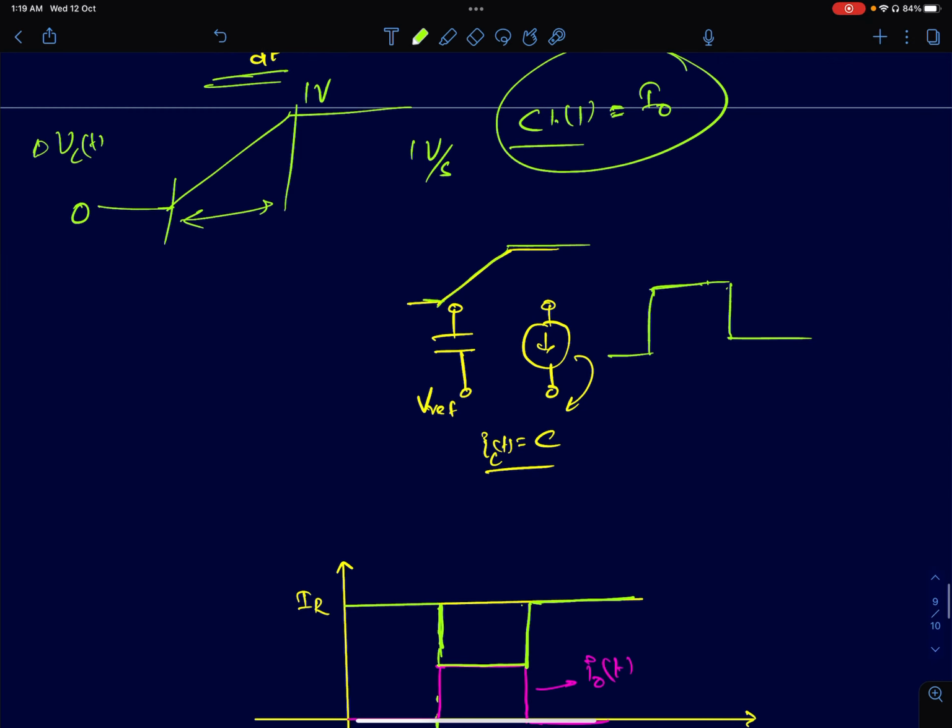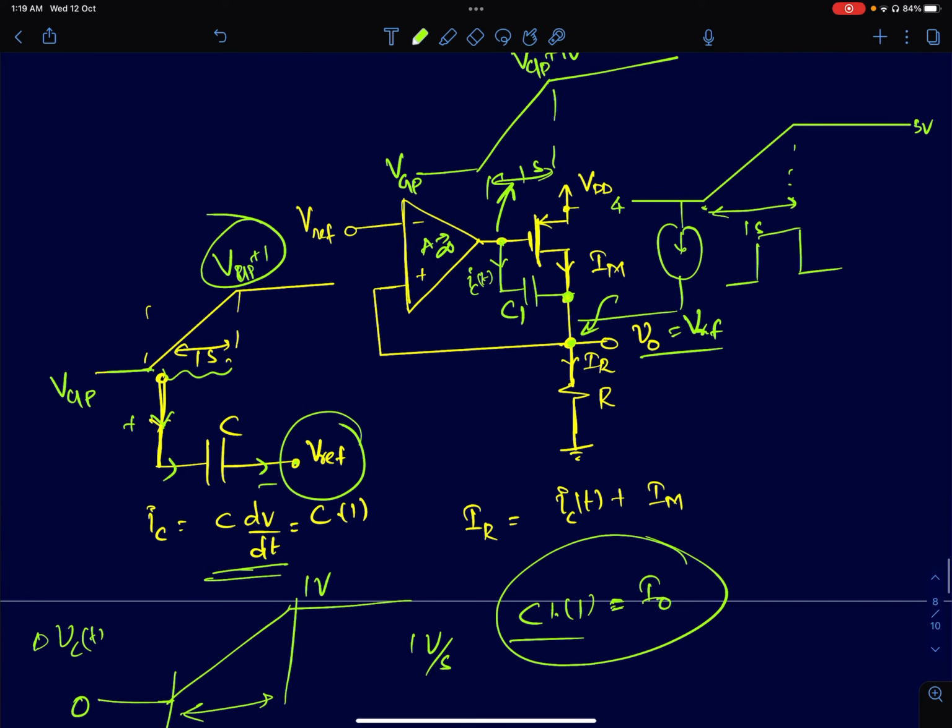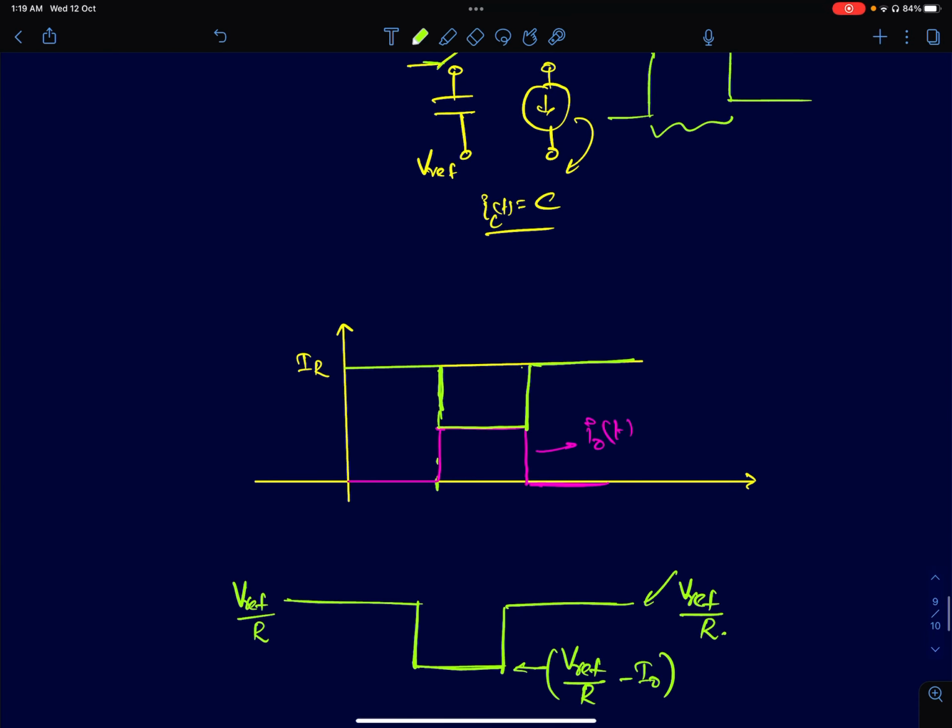For that duration, when the capacitor is on, it is supplying some current. So IC of t plus Im should be equal to IR. IR is always fixed and it is exactly equal to Vref by R. That is fixed, but the current through the capacitor is changing. Therefore your MOSFET current will also change in response to that. So you will see the same waveforms which we had seen in the previous example.